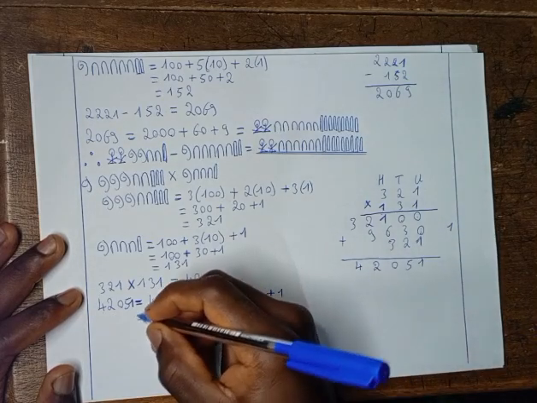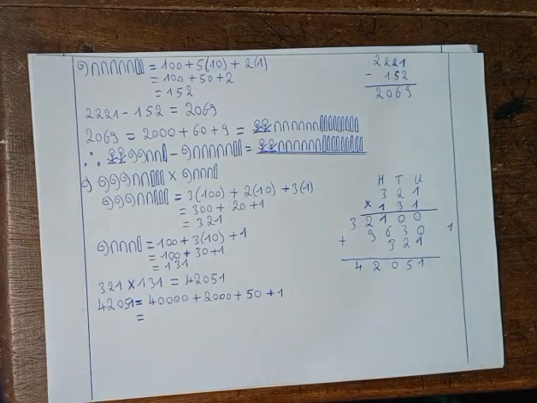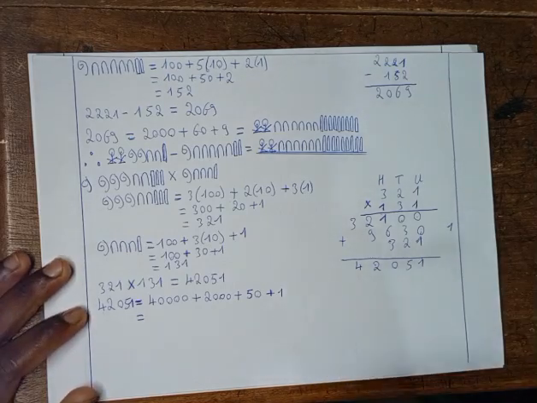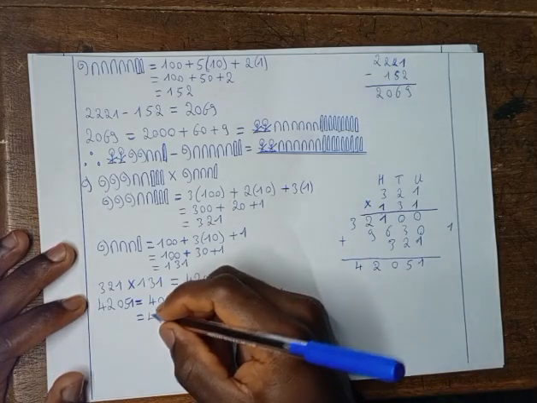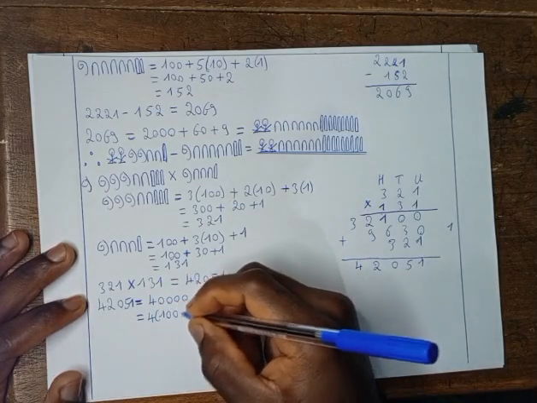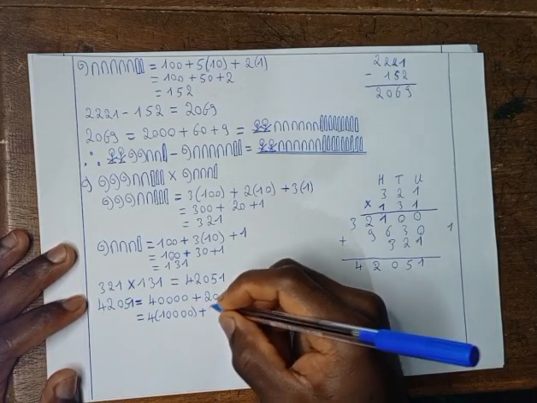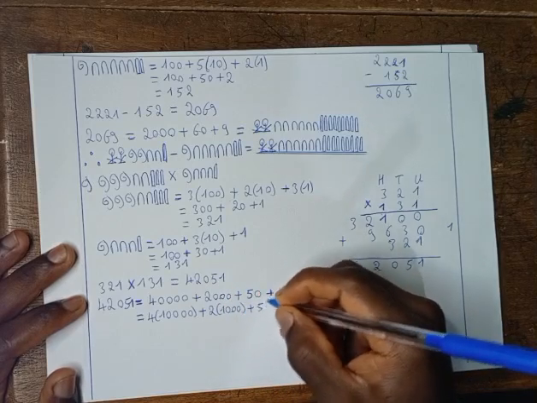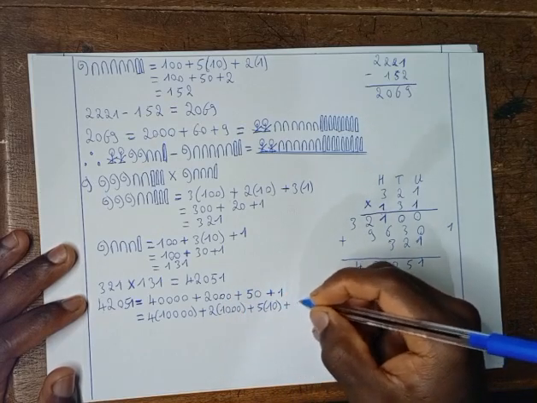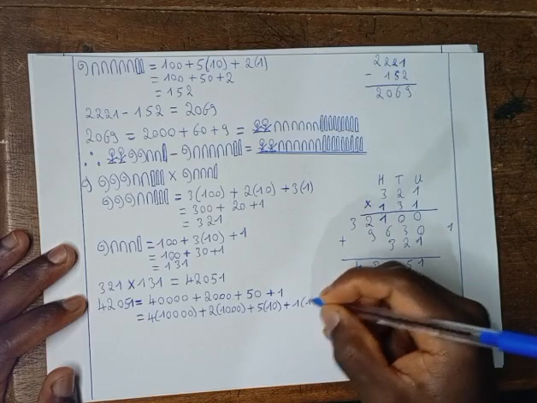We know the Egyptians represented 10,000 by using a bent finger, so 40,000 is represented by 4 bent fingers. So I can express this as 4 times 10,000 plus 2 times 1,000 plus 5 times 10 plus 1 times 1 remains 1.